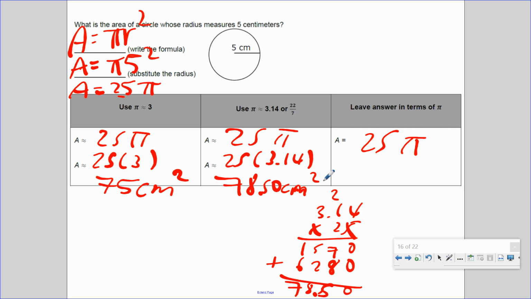So a good guess, a good approximate is 75 square centimeters. A better estimate is 78.50 square centimeters, but the perfect answer is 25 pi.